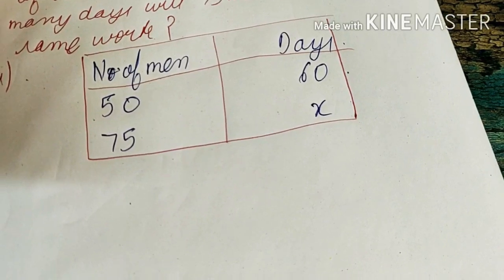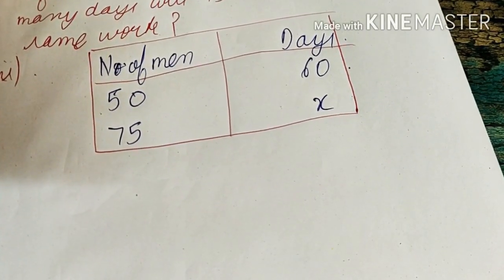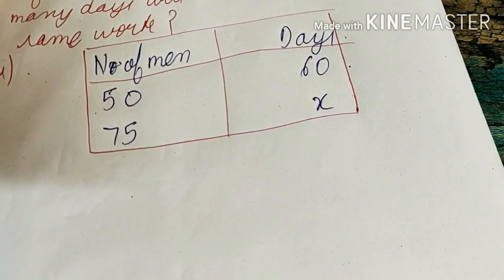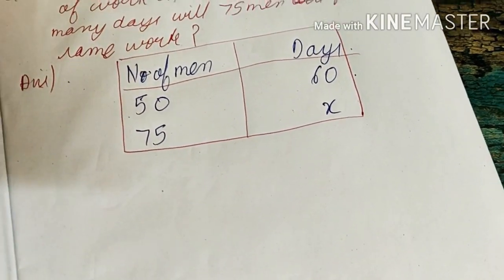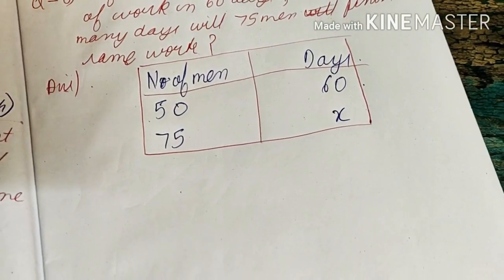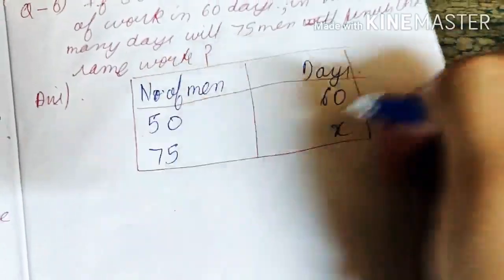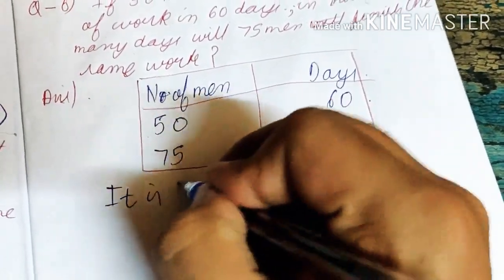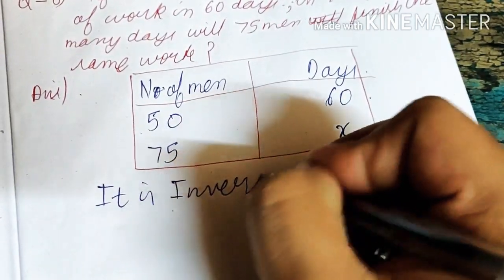Okay, means if men increase, the speed of work will increase. They will do the work in a more efficient and faster way. So the number of days taken to complete the work will decrease. So this is an increase in men and a decrease in days. It is inverse variation. Why?